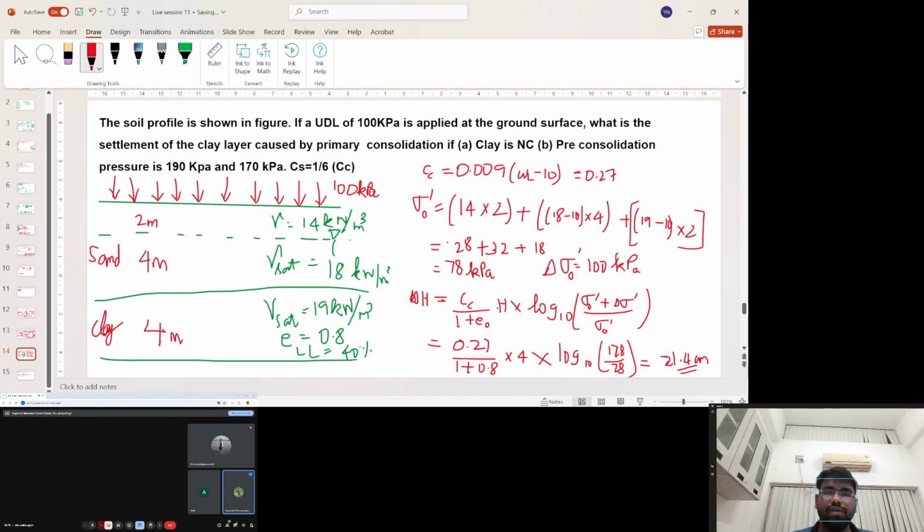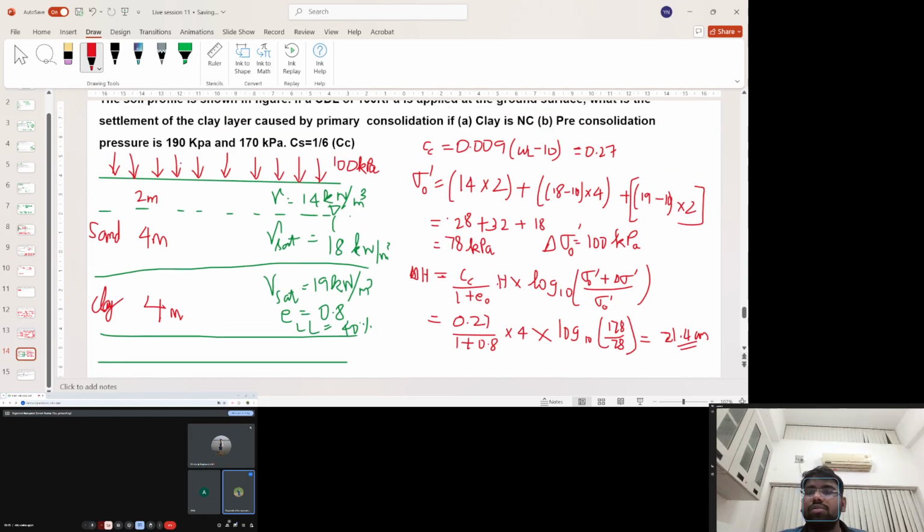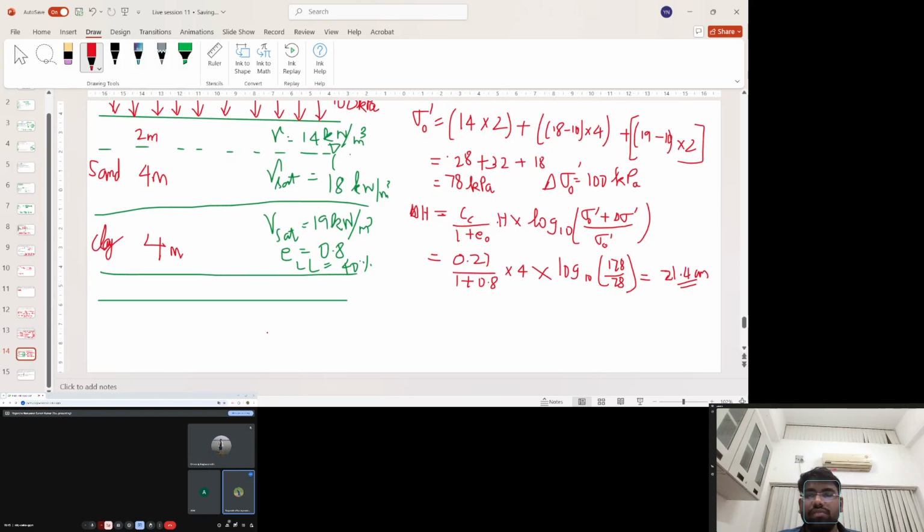First case is done. Now coming to the second case, pre-consolidation pressure is 190 kPa. So here we need to analyze this situation. Sigma naught dash plus delta sigma dash is equal to 178, right? Which is less than 190.